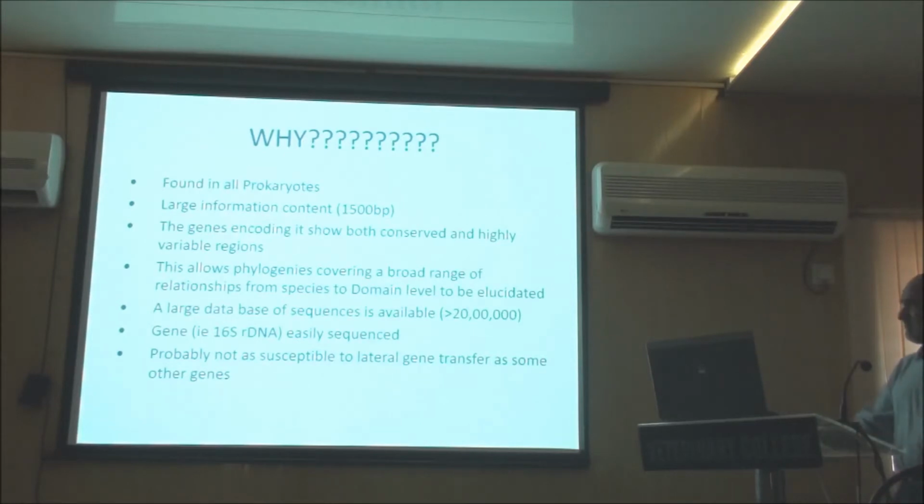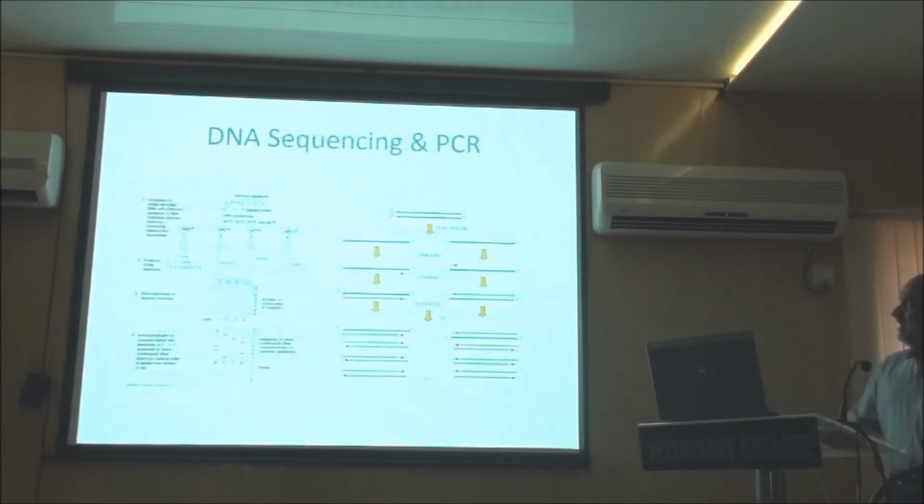And finally there are very few examples of lateral gene transfer, if any. So these are the advantages which make 16S rRNA the best suited molecule for phylogenetic and taxonomic identifications.